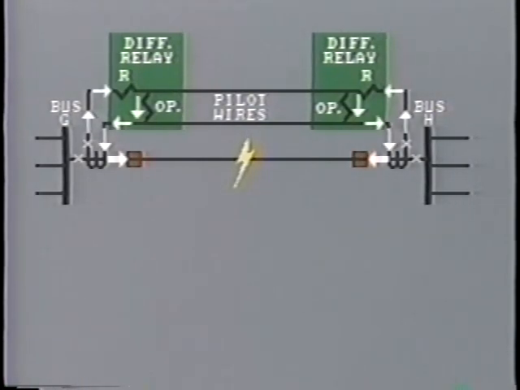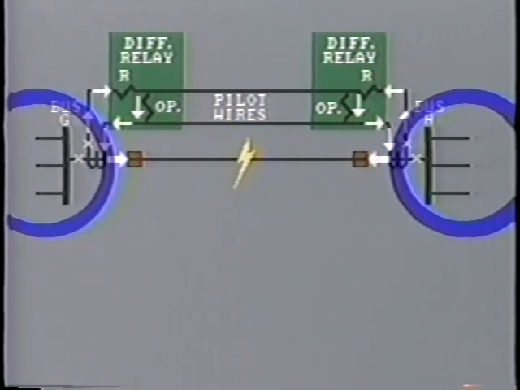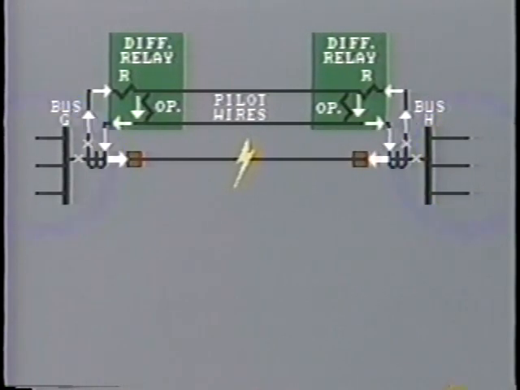In most circumstances, the magnitude of current feeding in from each end of the line is not identical. The exact value depends upon the location of the fault and also the amount of fault current available from the source at each end. For this reason, a small amount of balancing current will still flow through the pilot wires.